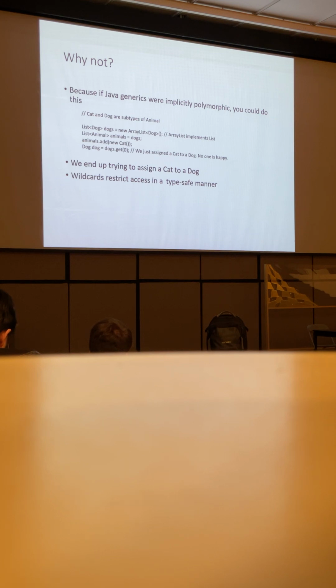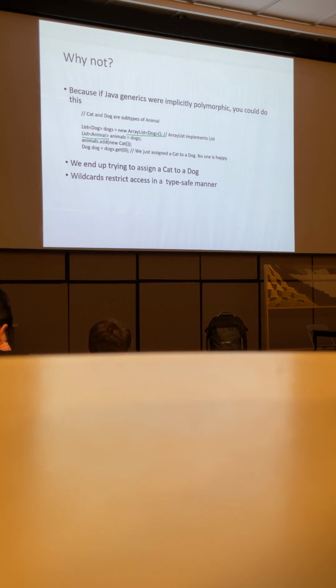Right? And here's a specific example that shows why it might look like an artificial restriction, but it's actually not, because we can see that if we allow this to happen, we would have a problem. So here's an example. We have an array list of dogs, okay? So far so good. And we have a list of animals, right?